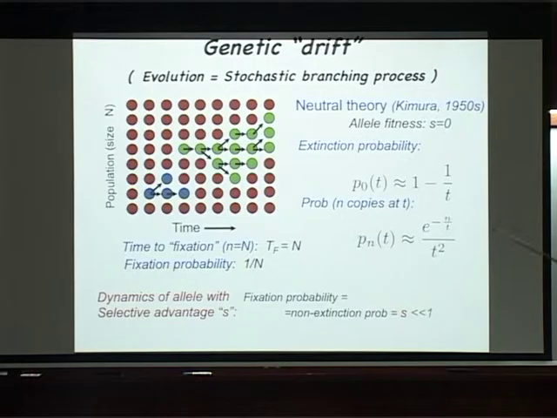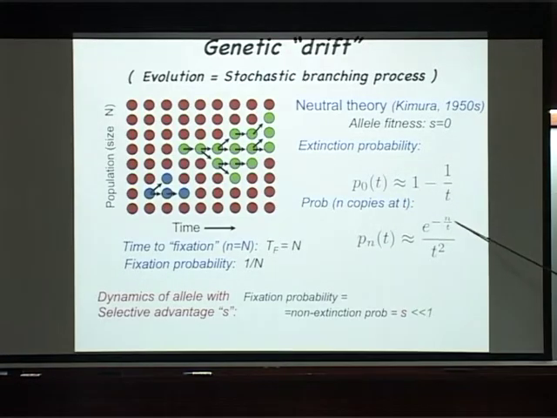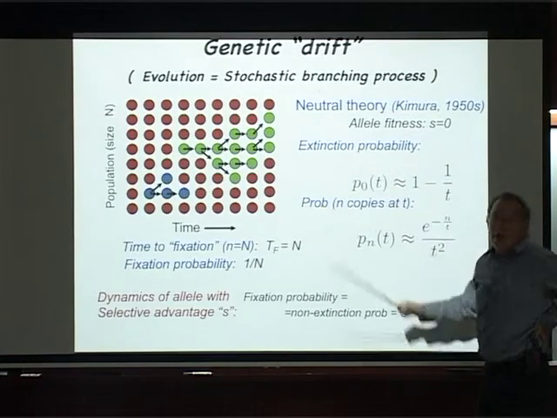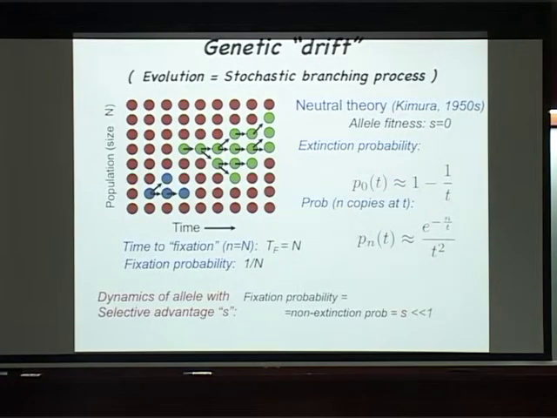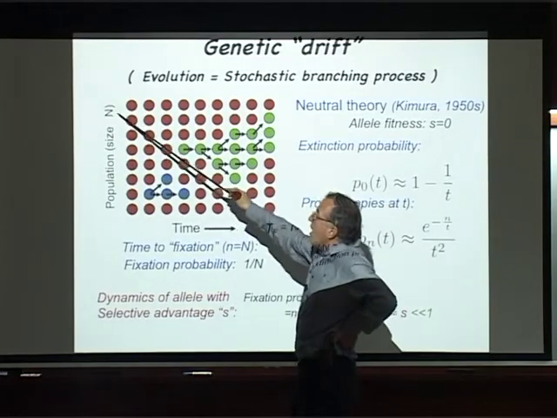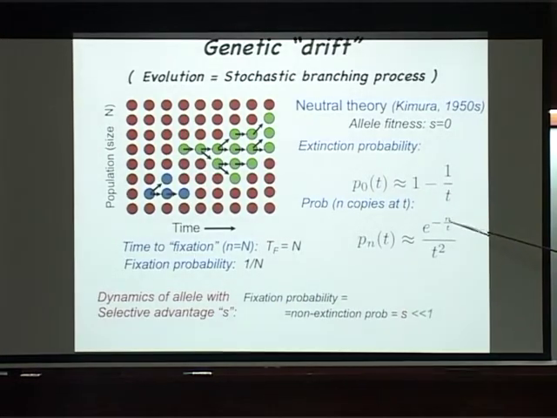It also means that in this neutral case, there is a finite probability for the number of copies to become equal to the population size, which is to say the allele will fixate. So if this little n is to become this large capital N, the population size, right?